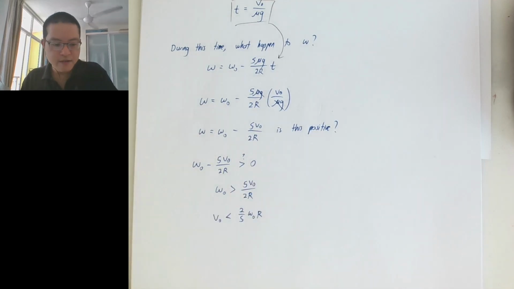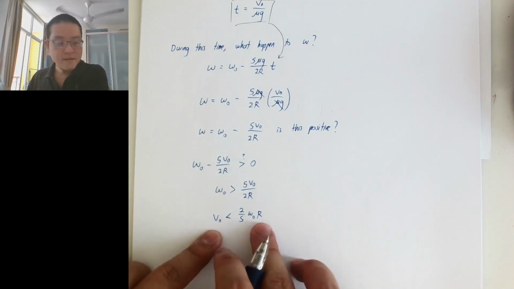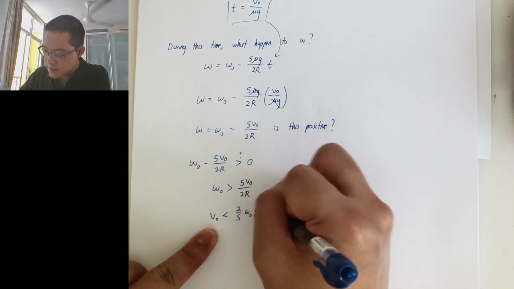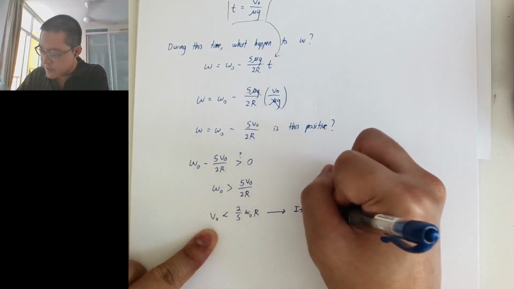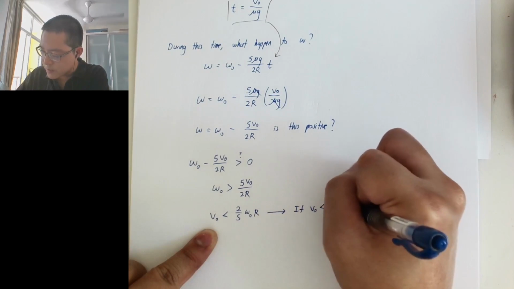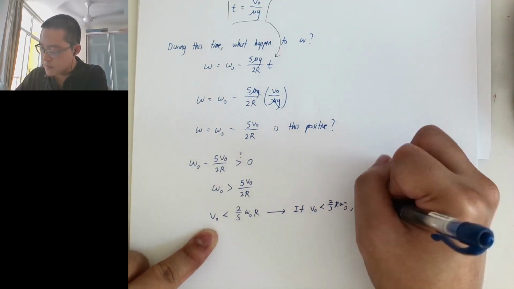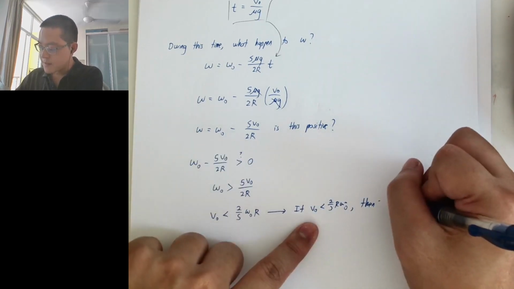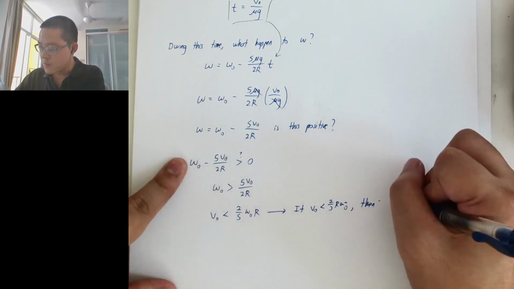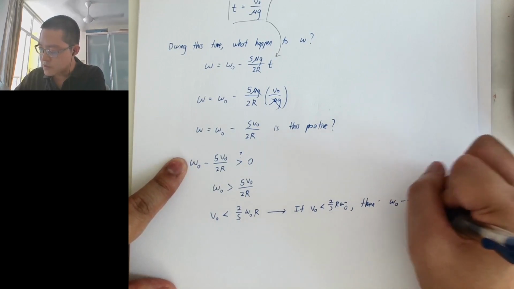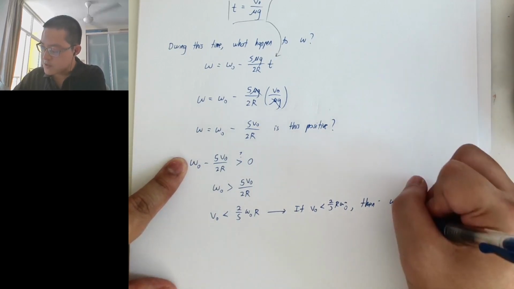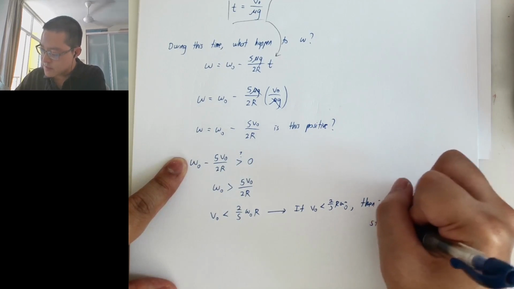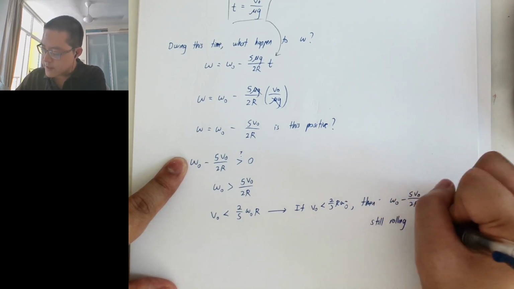Wait, is it correct? Did I make any mistake? Yeah, 2 over 5 r omega 0. So yes, we conclude that if v0 is less than 2 over 5 r omega 0, then omega 0 minus 5v0 over 2r is positive, so it's still rolling anti-clockwise.